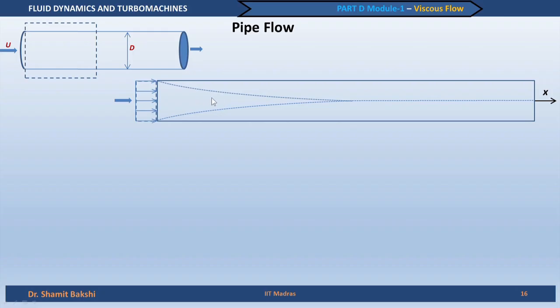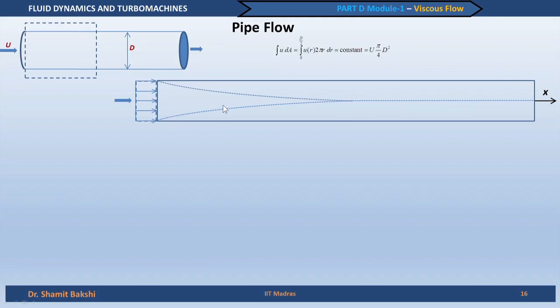Of course, as the flow continues into the pipe in the direction of the flow, we see that the boundary layer actually merges, and as it merges, the velocity profile also changes. So from this perspective, let us look at the development of the velocity profile as the flow moves through the pipe.